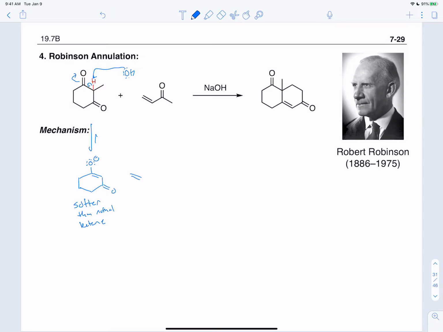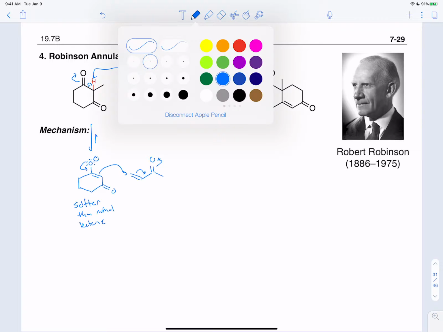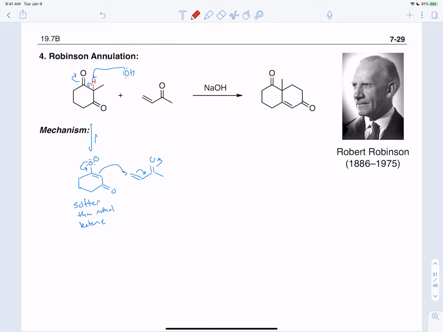And we have the same alpha-beta unsaturated carbonyl compound in the previous slide. So you see, we're going to have to do quite a bit of work. We end up making many new bonds along the way. We see that we're starting with an alpha-beta unsaturated carbonyl compound.